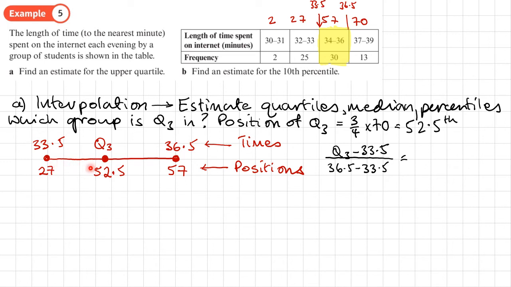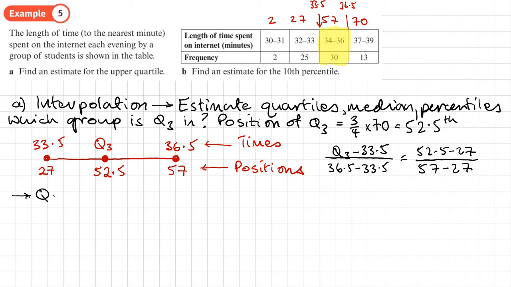So this gap, which is 52.5 minus 27, divided by this gap, 57 minus 27. So I just want you to have a look at what I've done. So that minus that over that minus that equals that minus that over that minus that. There are lots of different ways of doing it, but this way we end up with Q3 being positive and only appearing once. So the next thing to do would be to work out the values.